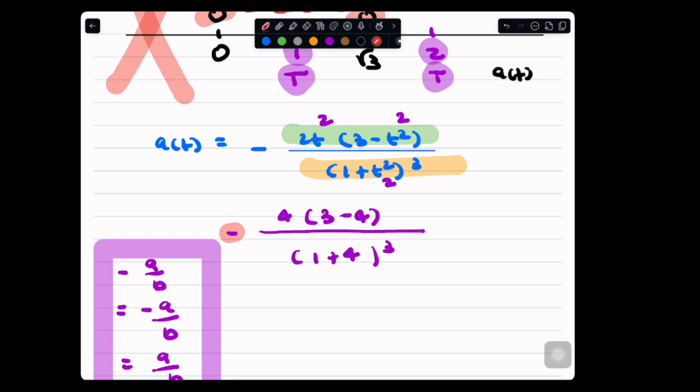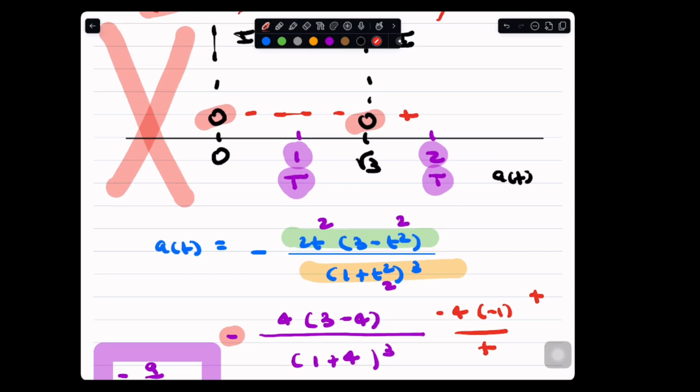Again, my denominator is positive, but my numerator now, I can look at that as negative 4 times negative 1. Oh, that's also positive because I put that negative sign on top. Positive over a positive means region 2 is positive.